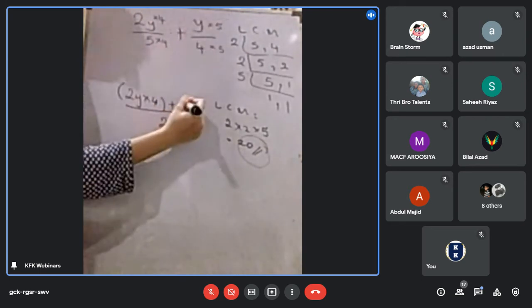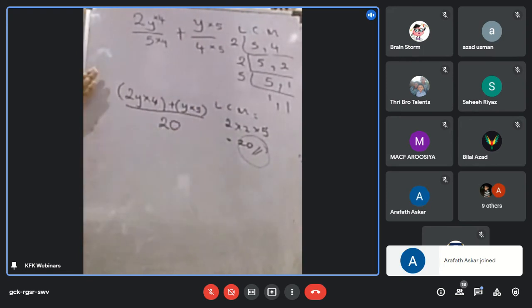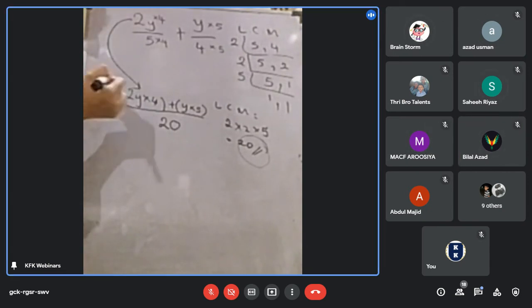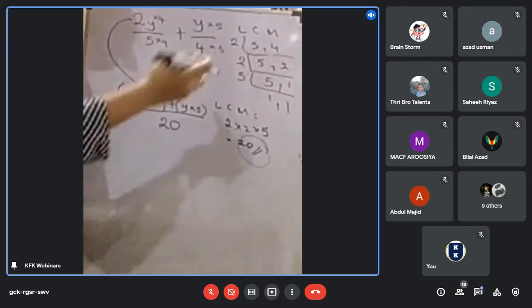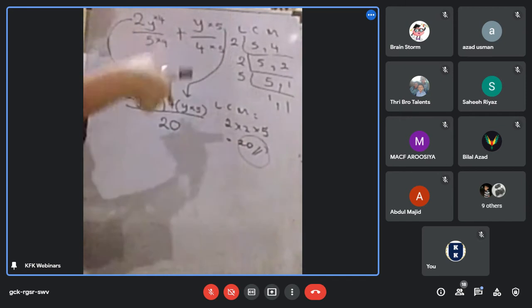Then y multiplied by 5. Now let's bracket. Okay, you understand so far? Yes. So we brought it to 4 here, we bracketed it, and then we brought the plus sign down, and then we brought the y multiplied by 5 here.